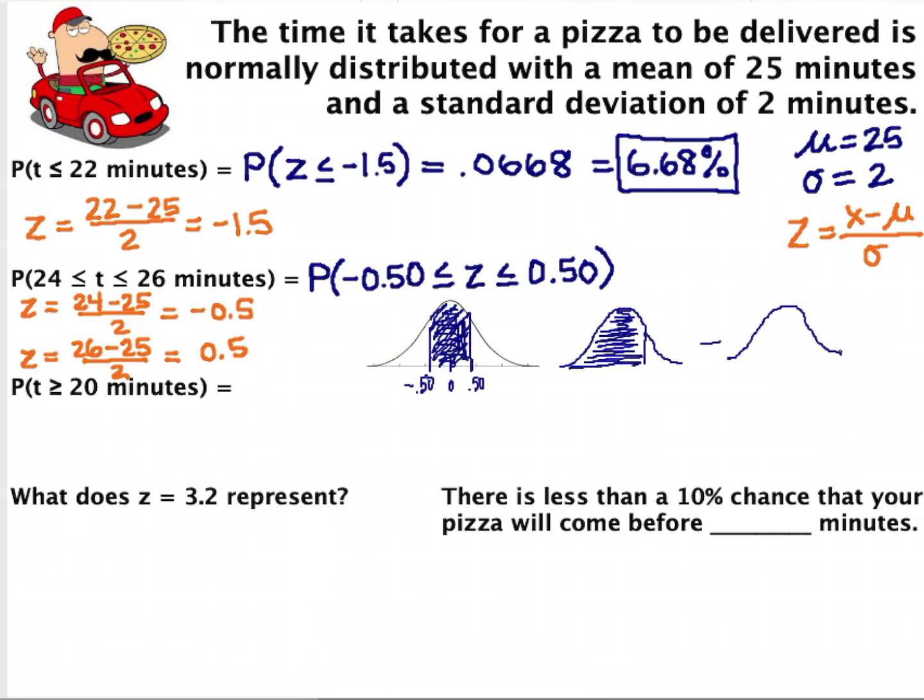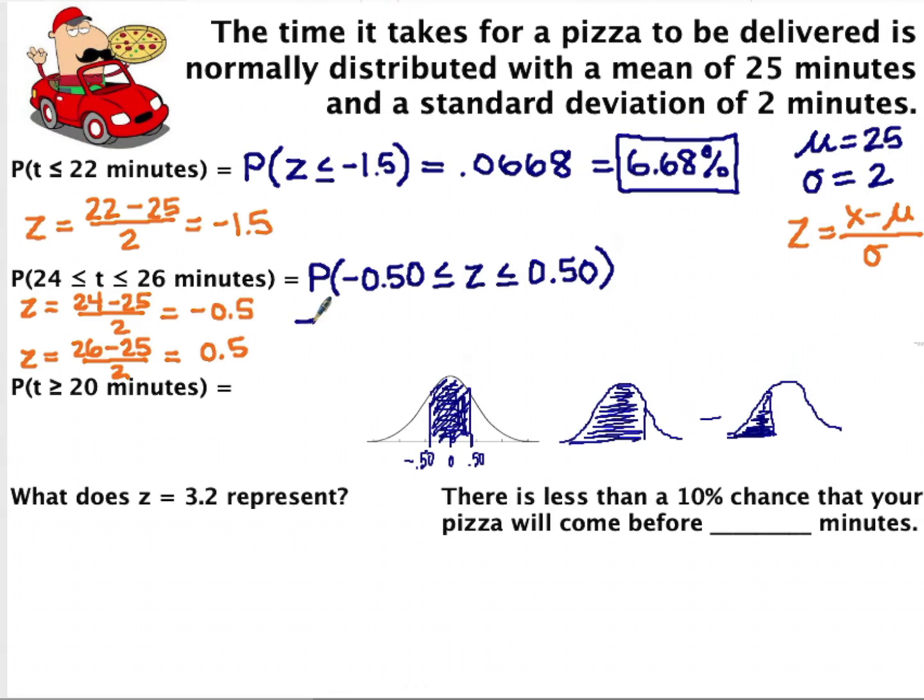So we would be subtracting off anything less than or equal to that negative 0.50. And that would leave us with just the chunk that's between those two. So when we go to the table, we will find the probability that z is less than or equal to 0.50. That'll be this area under the curve.